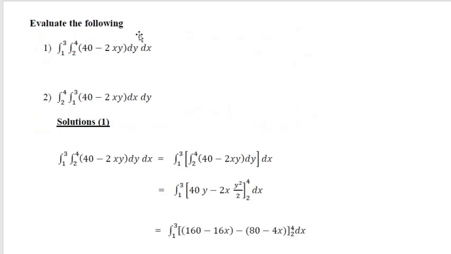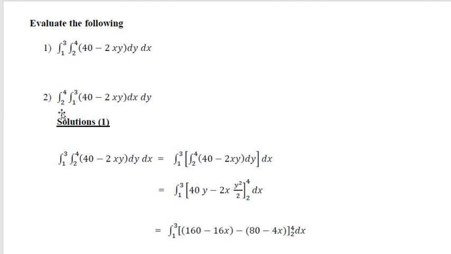Examples: evaluate the following integral: integral 1 to 3, integral 2 to 4, of 40 minus 2xy dy dx. We can also evaluate this integral by considering the limits of x first.